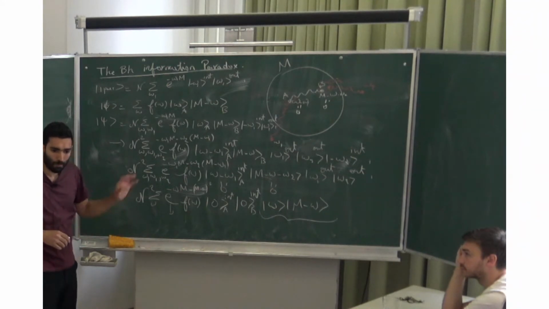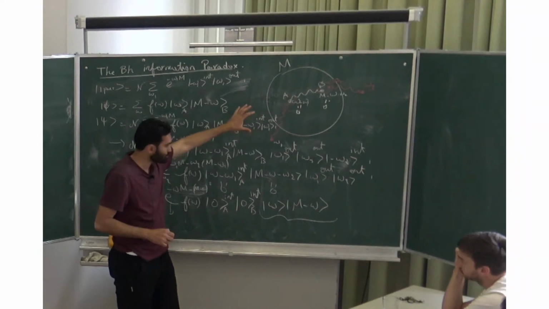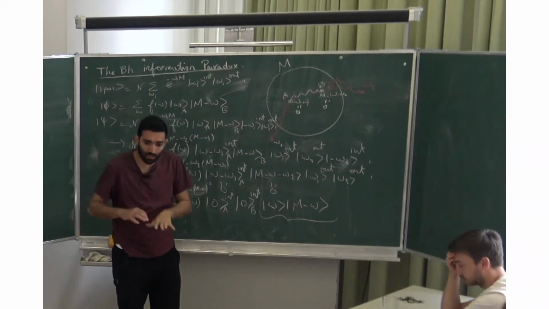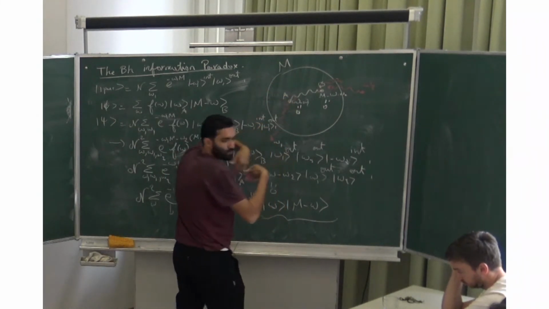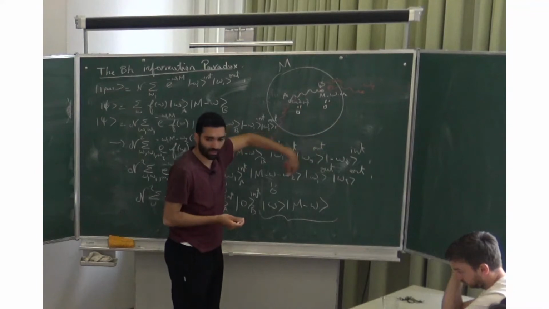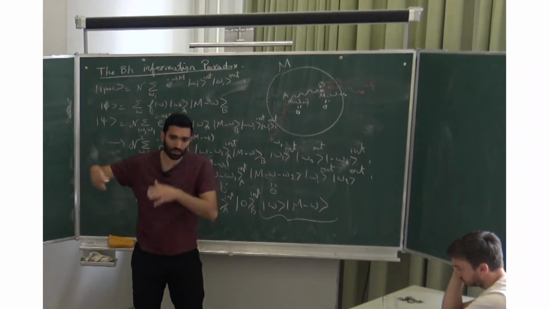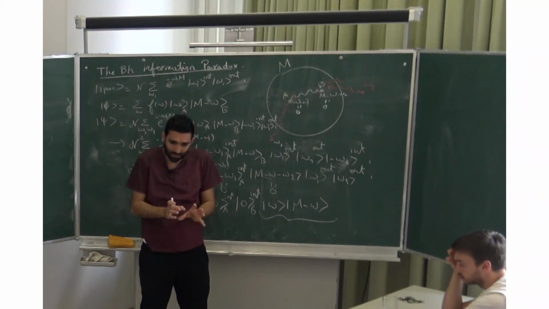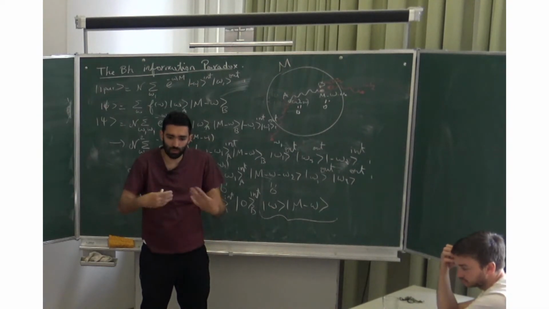However, what you can also show is that, as I said, at an early stage, this is the case. However, if you wait for longer, you have first two pairs created, and there are some branches of the superposition where it's fully evaporated, some branches where it's not evaporated. In those branches where it's not evaporated, there will still be more particles created, and more particles created.